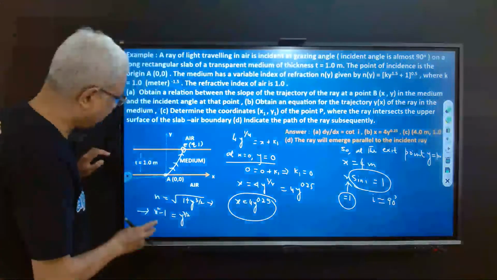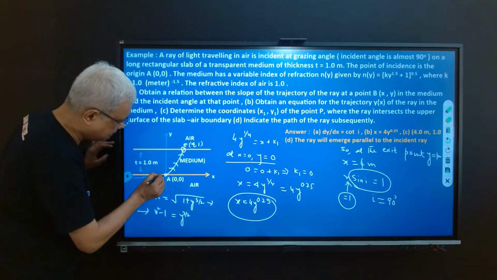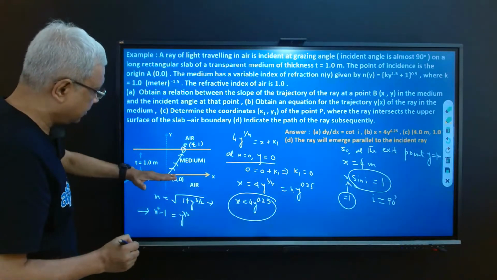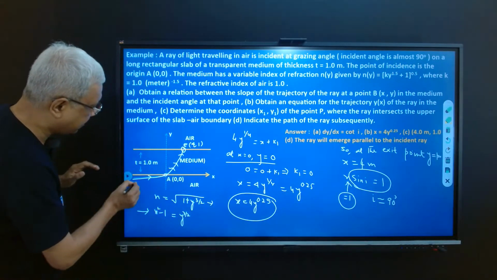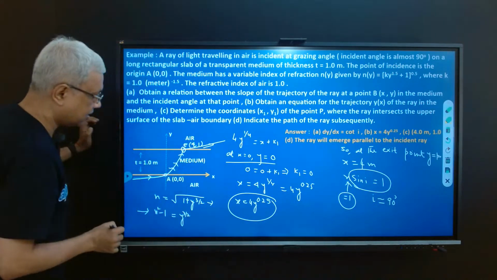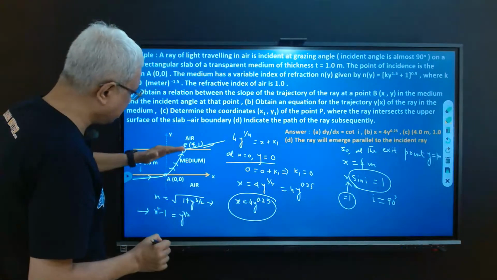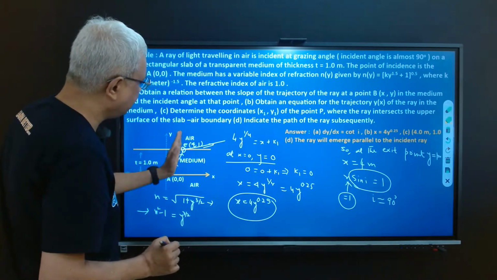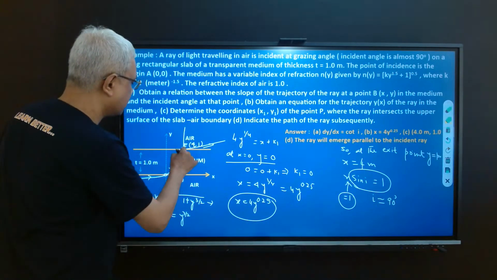That means the ray struck the bottom surface at a grazing angle, and it leaves at a grazing angle. And actually the angle of incidence is equal to the angle of refraction at this point also.